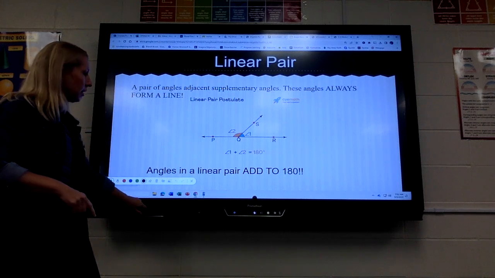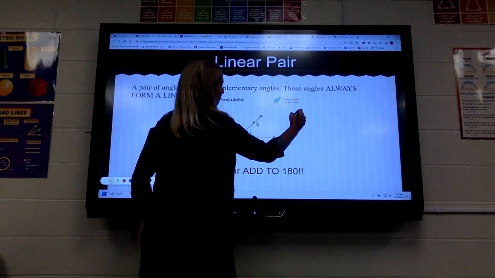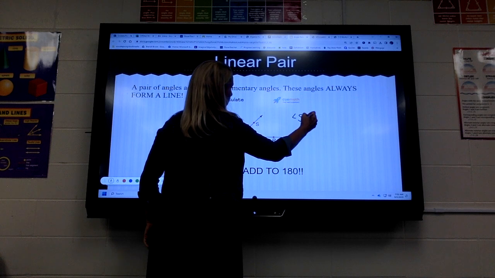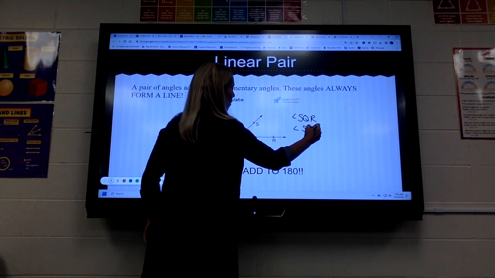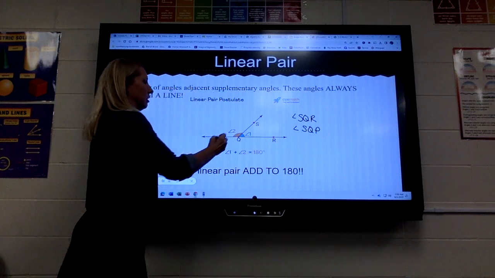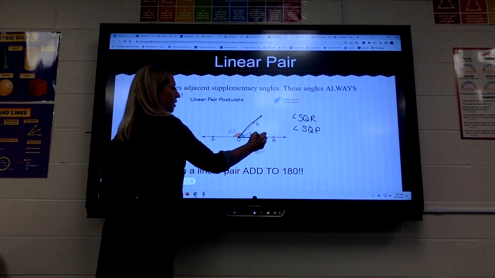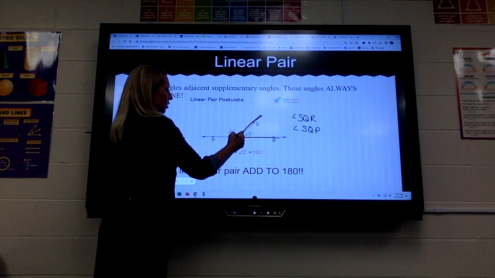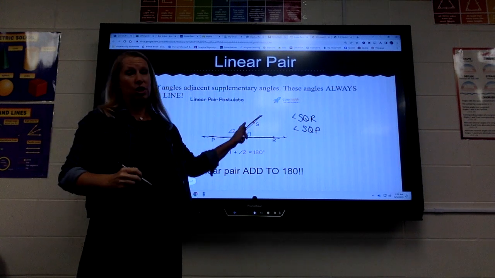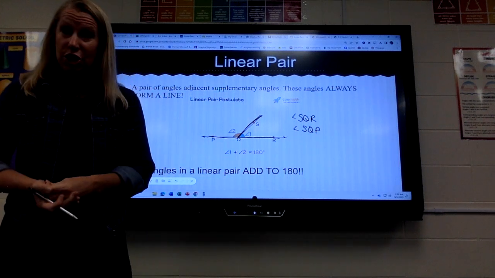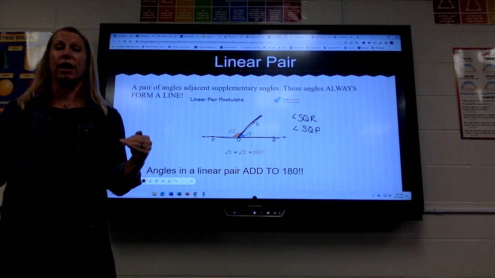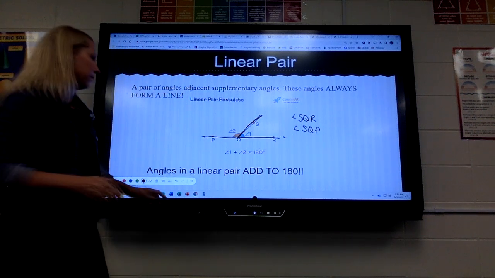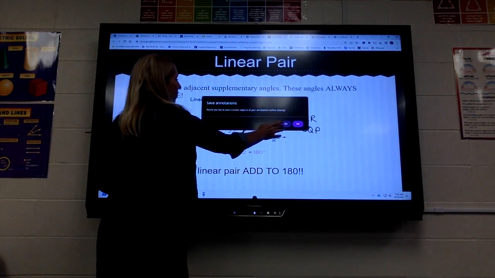If I were to name these angles, I would say angle SQR and angle SQP would be supplementary. SQR and SQP. Notice they share that side, so that makes them adjacent. And then they also add to 180. They form that straight line, linear pair. So that one's very important.